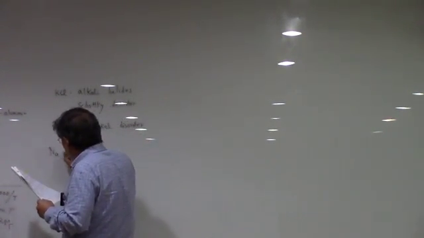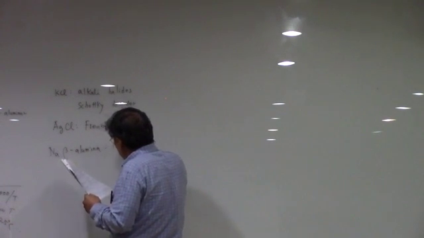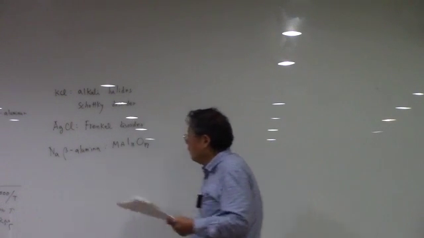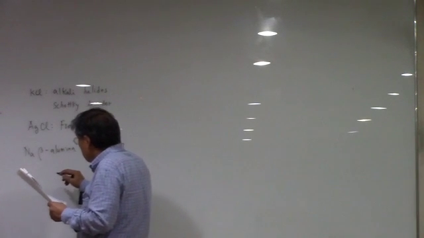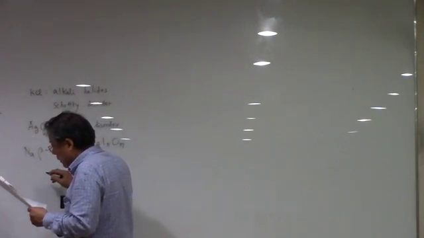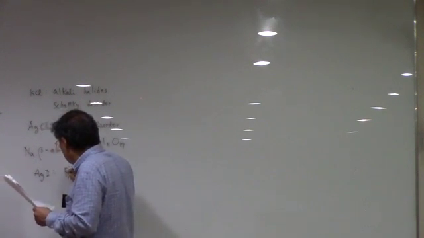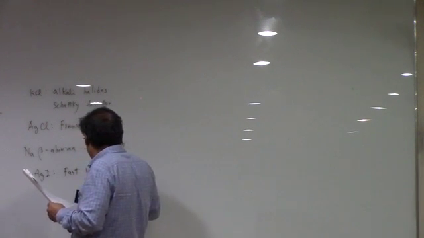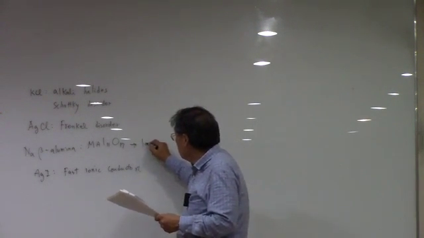And sodium beta alumina has the stoichiometry M aluminum 11 O 17, where M is metals like sodium and other metals. And AgI is a fast ionic conductor. That sodium beta alumina is a layered material.